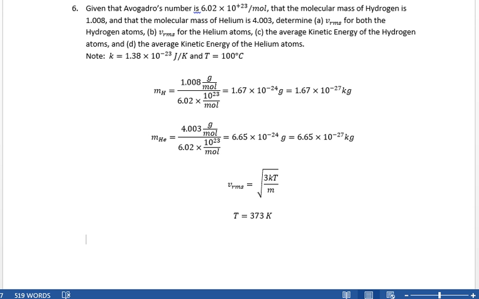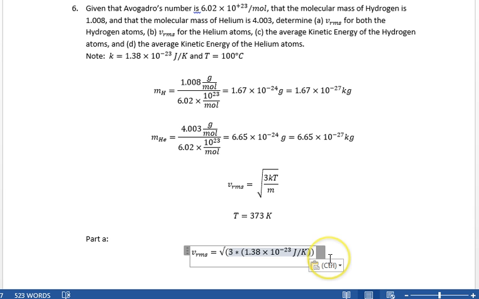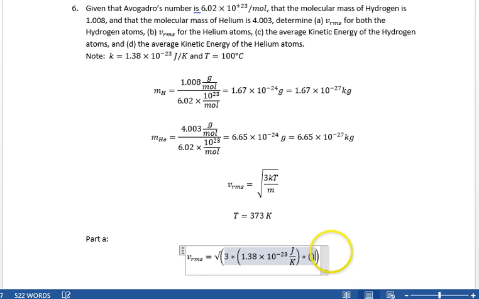and we need kilograms to properly cancel out the kilograms in the joule. And so here we go. For part A, VRMS is the square root of 3 times the Boltzmann constant times the temperature, all divided by the mass.